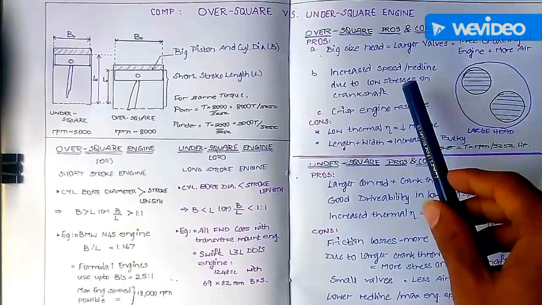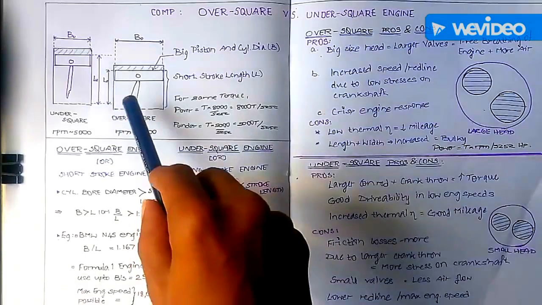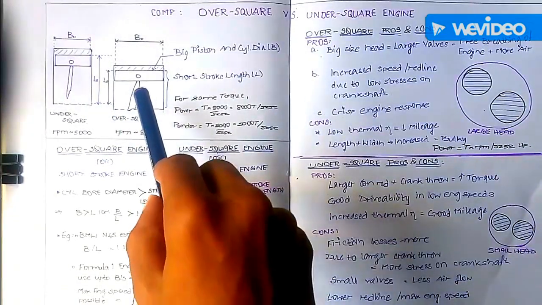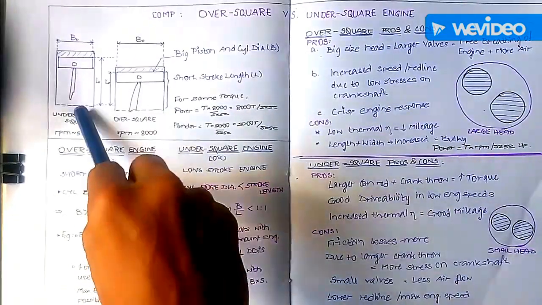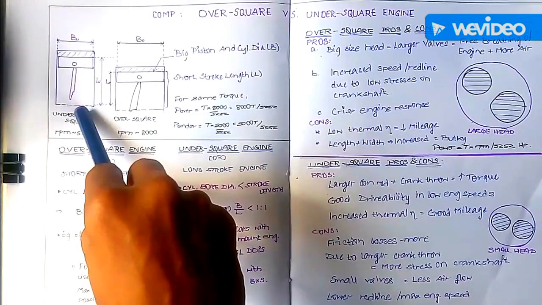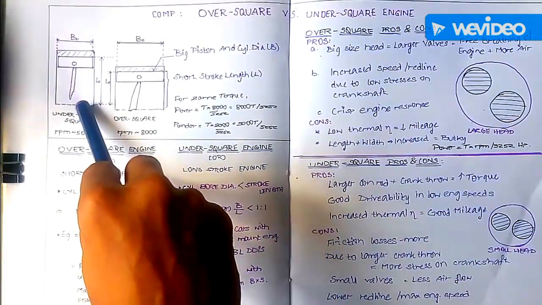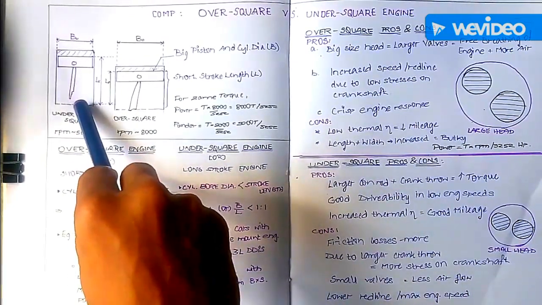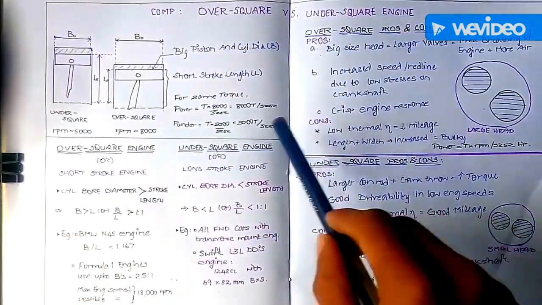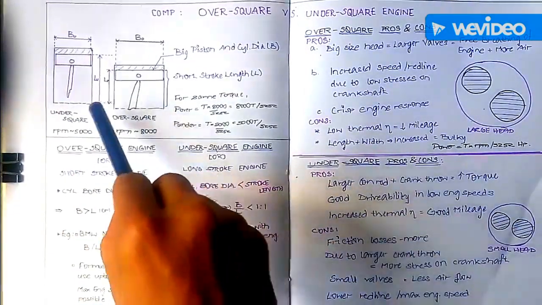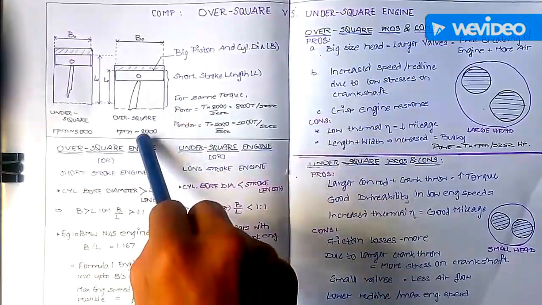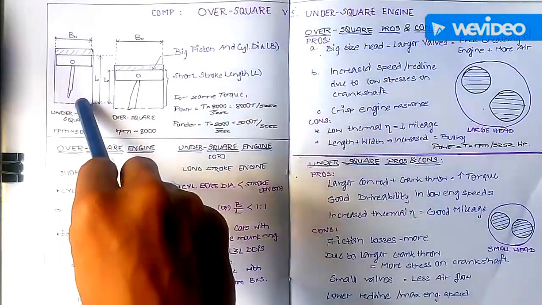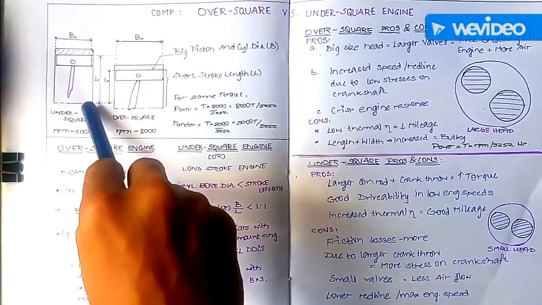So this would lead to lower centrifugal forces stressing this crankshaft, while this will have larger centrifugal forces, or a higher level of centrifugal forces, acting on the crank pin of this crankshaft. So this crankshaft would have lower stresses for the same speed, that is the same RPM, while for the same RPM this would have a higher amount of stress.